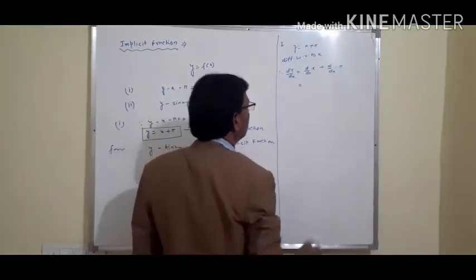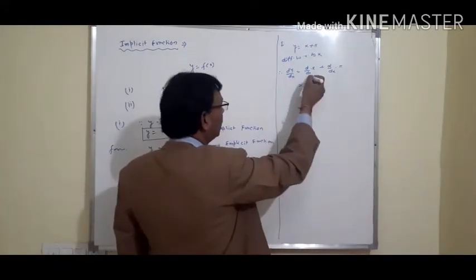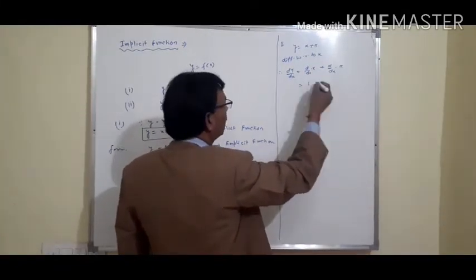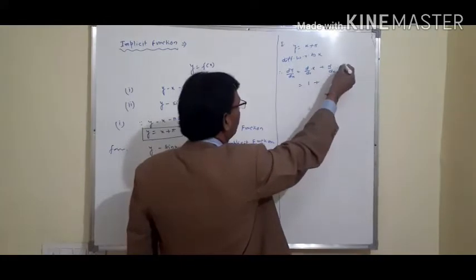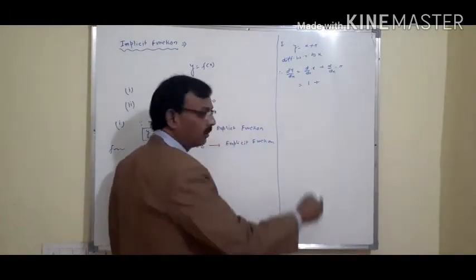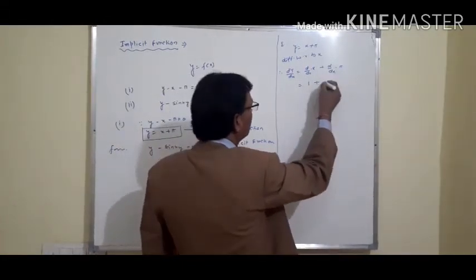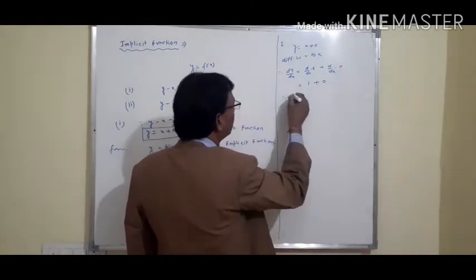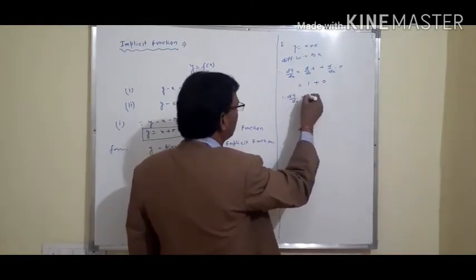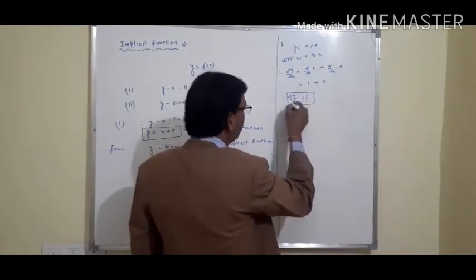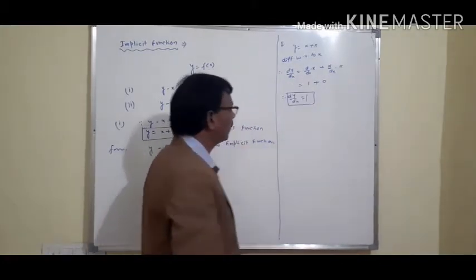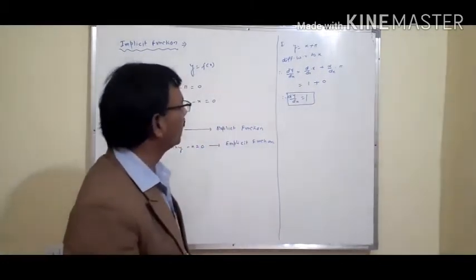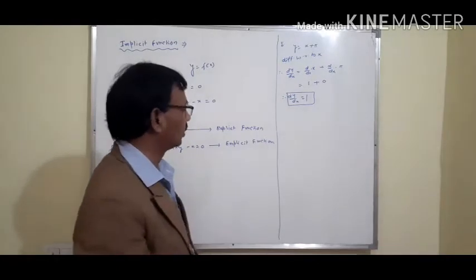As you know that d by dx of x is 1 and pi is a constant, so d by dx of pi, that means of a constant, is 0. Therefore dy upon dx equal to 1. This type of function is known as an explicit function, and this derivative is so simple.